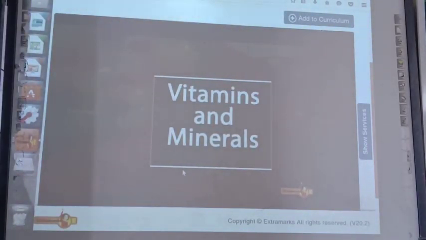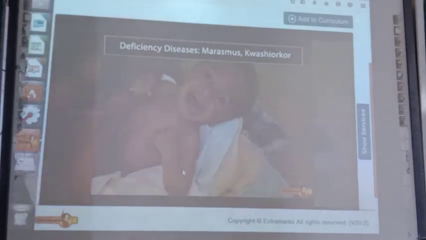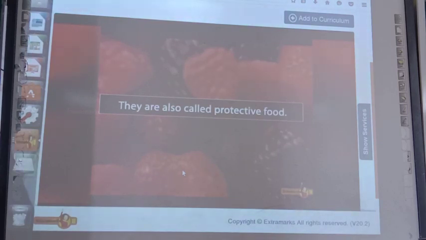Vitamins and minerals are required in a very small amount in the body. They maintain the functions of the body and therefore their absence results in deficiency diseases. Hence, they are also called protective food.